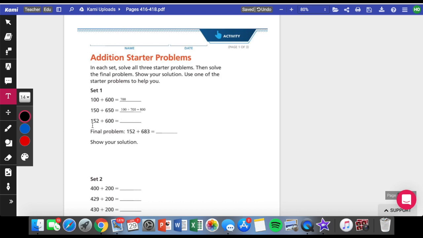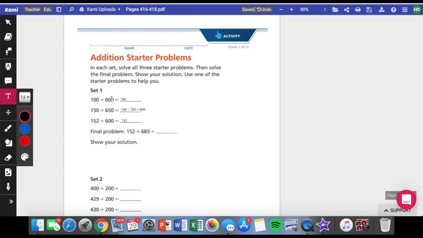And then my next one is 152 plus 600. I'm just focusing on my hundreds place since I have nothing in my tens and ones place over here. So 600 plus 152 would be 752. And then it says my final problem, so what I'm trying to solve, that these starter problems were supposed to help me solve, is 152 plus 683.